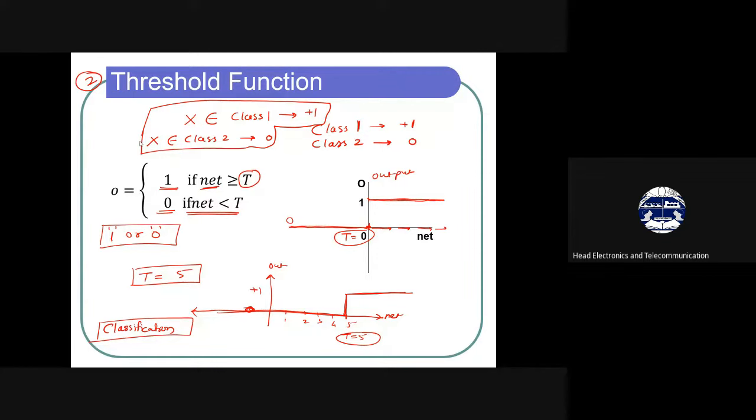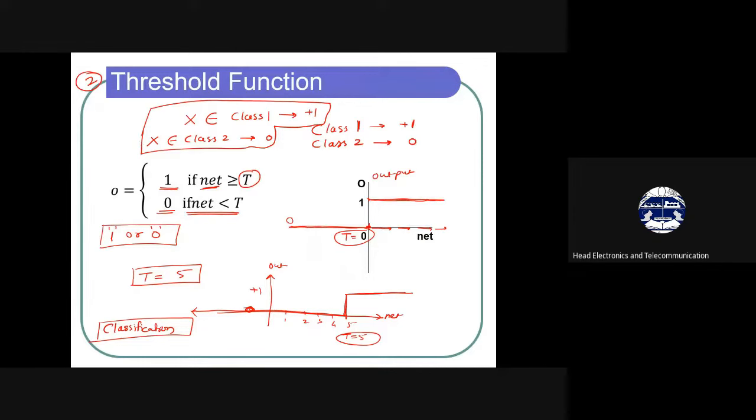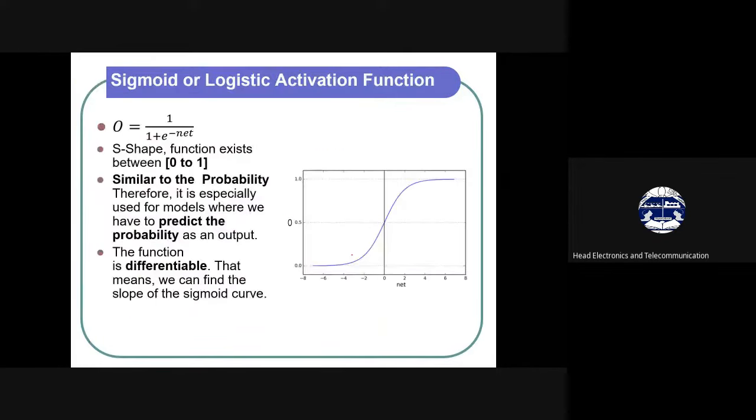We have one more type. The threshold function has a drastic change here, 0 or 1, and this is the smooth version of that, called the sigmoid activation function or logistic activation function.